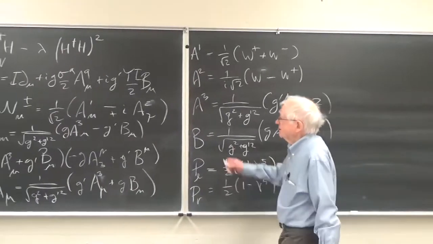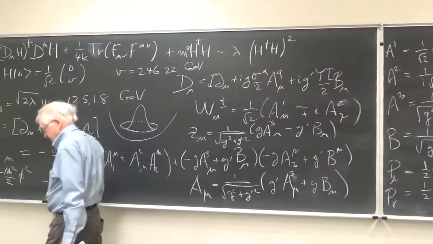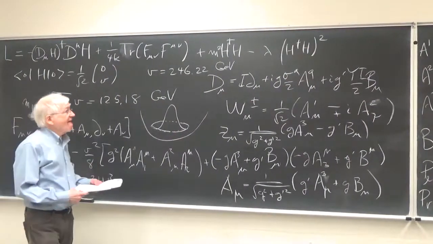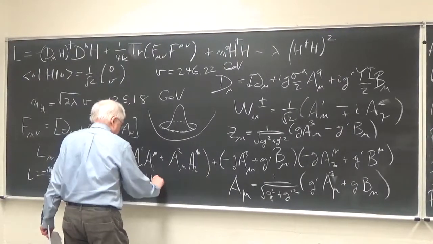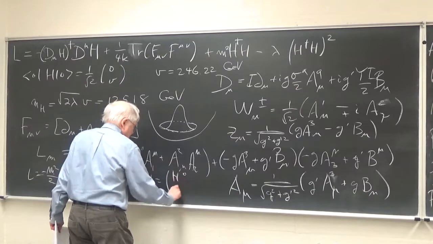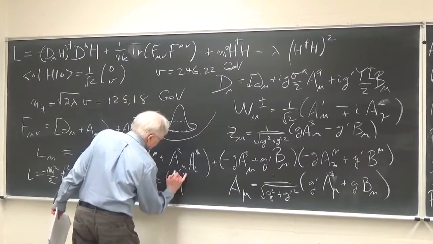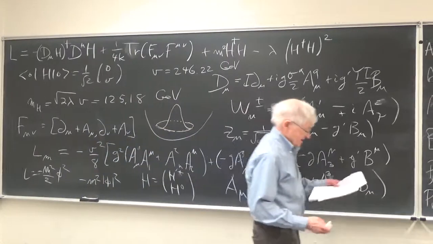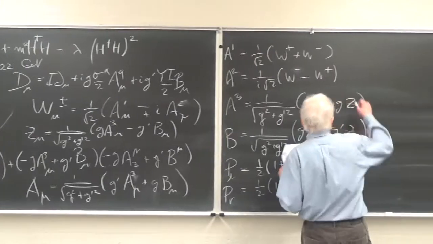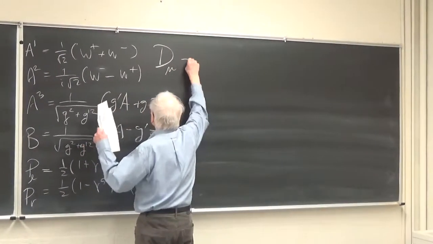And this is the covariant derivative acting on the Higgs doublet. I might write the Higgs doublet H as H plus, H0, but acting instead on quarks and leptons, d mu looks like this.